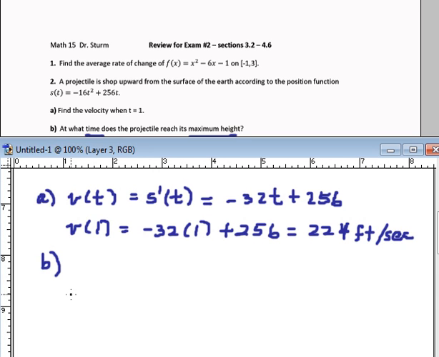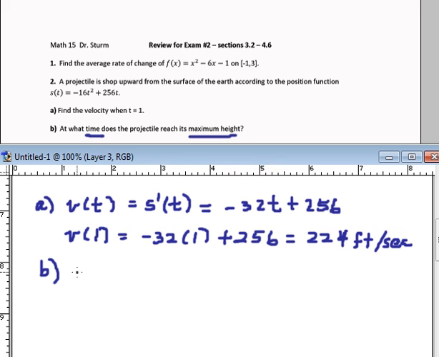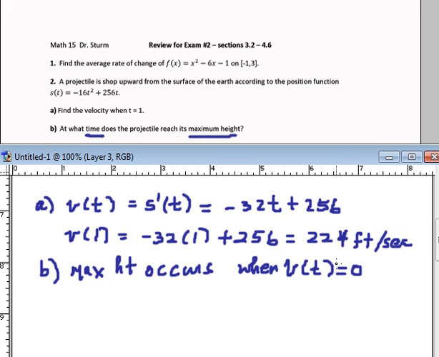Okay, so first of all, it's important to realize that the maximum height occurs when velocity is 0. That's when this particle is changing from going in an upward direction to going in a downward direction.